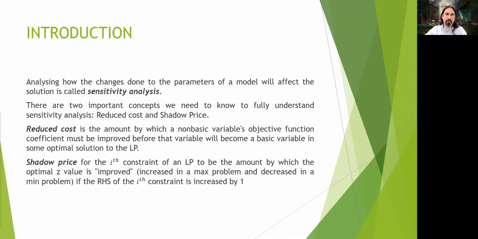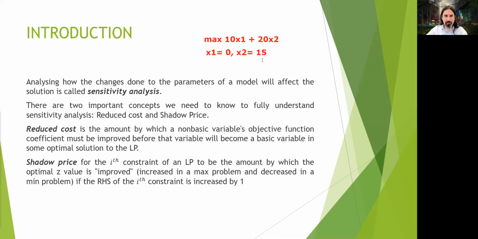Which means that, for example, we have a basic variable. Let's just write something. Let's just say that this is 10x1 plus 20x2. We are trying to maximize something like this, for example. And we know that at the end of the solution x1 is equal to 0 and x2 is equal to, let's say, 15.